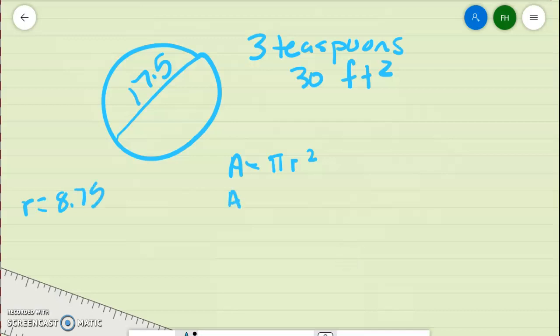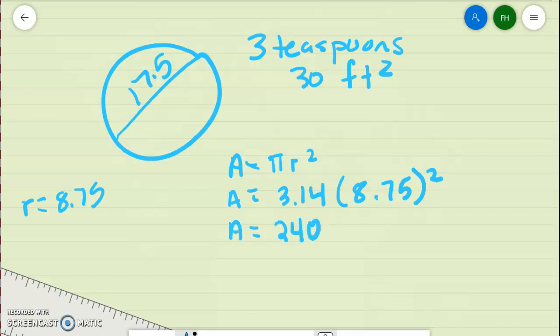So we're going to do 3.14 times 8.75 squared. And if you do that, 3.14 times 8.75 squared, you get 240.4.